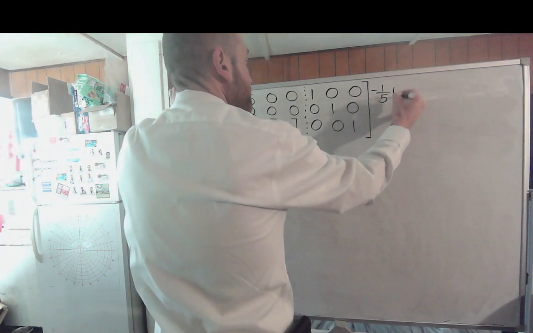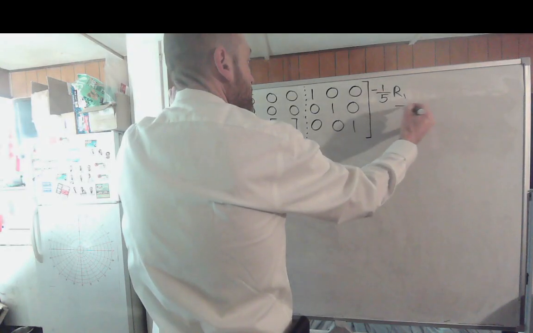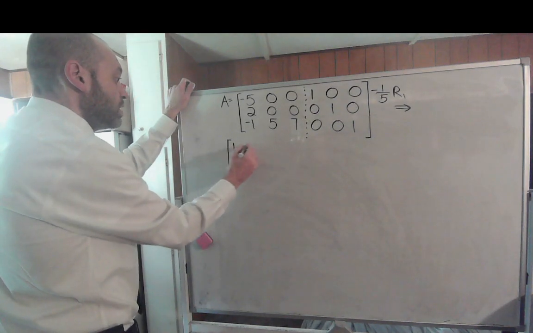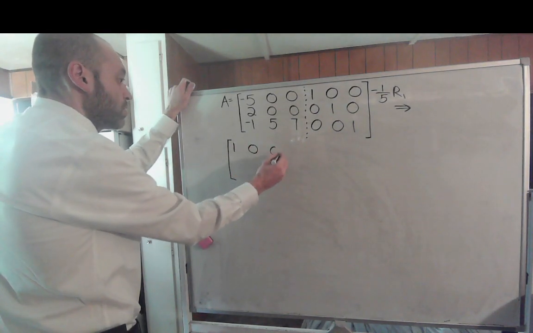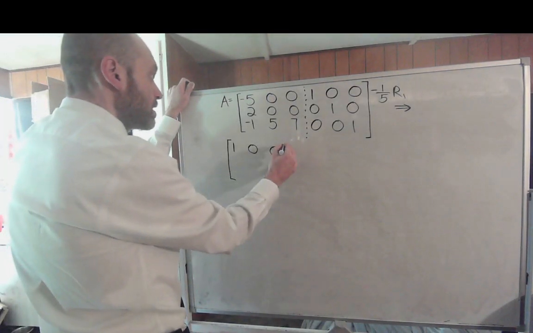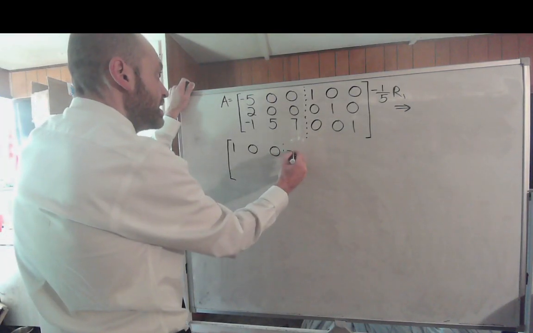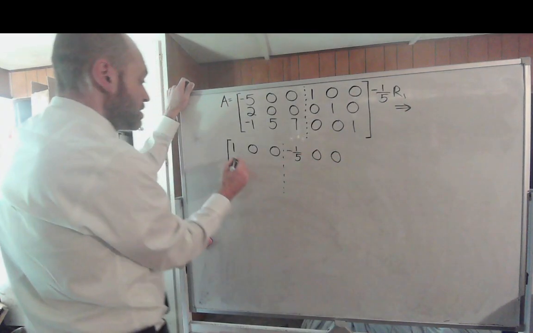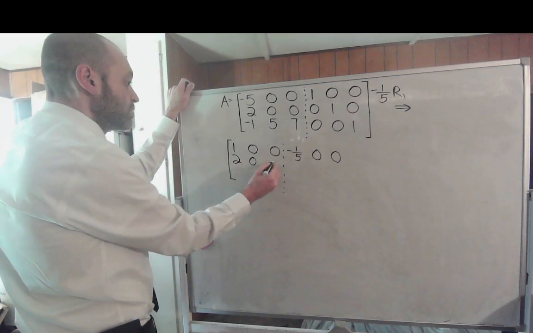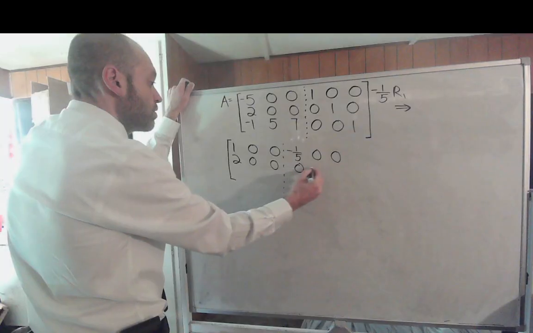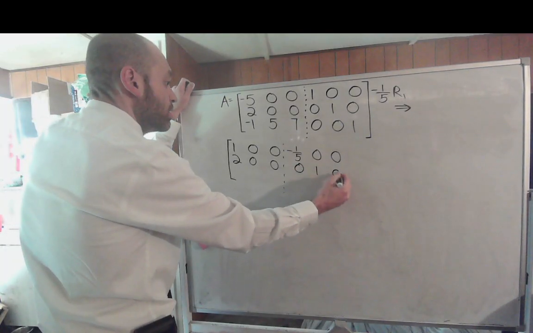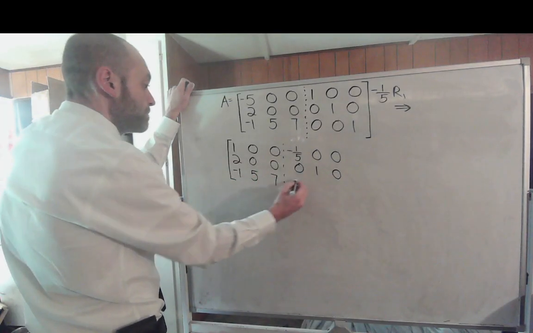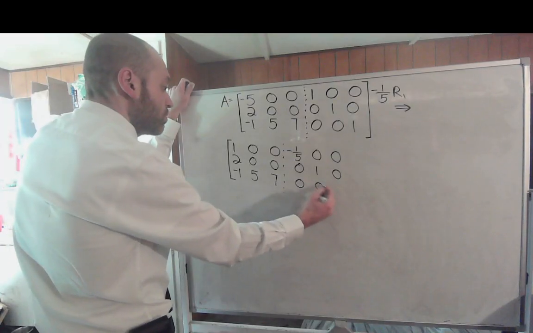So negative 1/5 of row 1, apply that transformation, you should end up with 1, 0, 0, negative 1/5, 0, 0, then you'll have 2, 0, 0, 0, 1, 0, then negative 1, 5, and 7, 0, 0, 1.